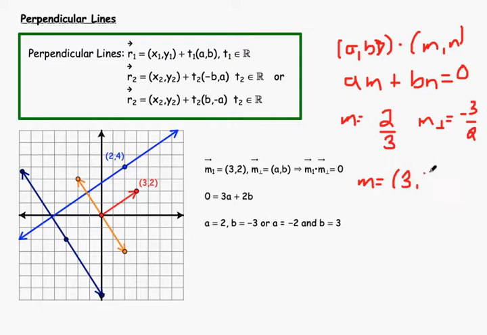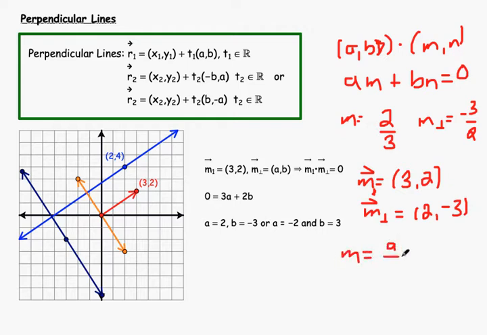That would be 3, 2. So that's perpendicular. This is vector form. And then the perpendicular one would be written as 2, -3.